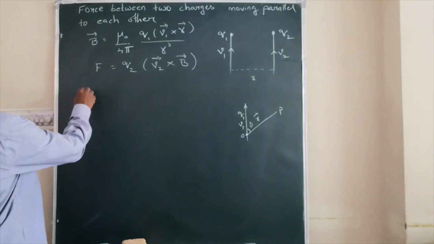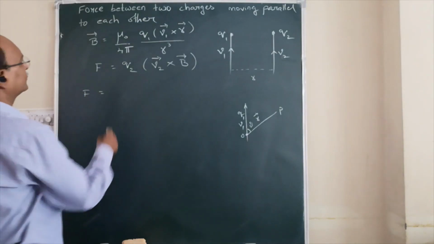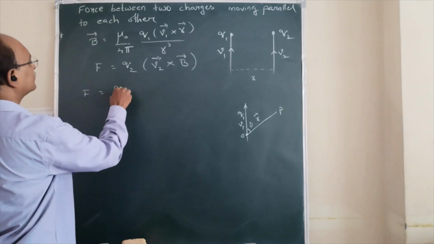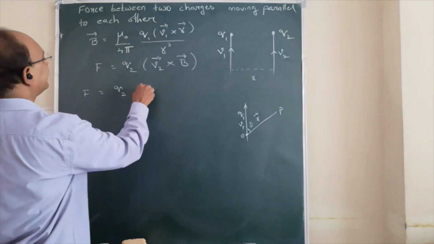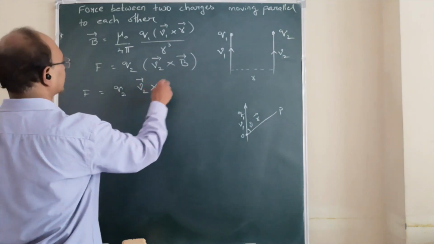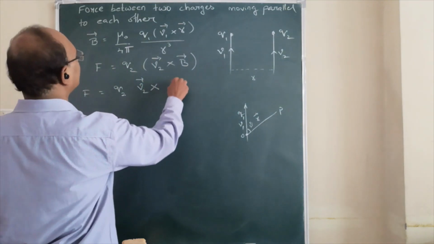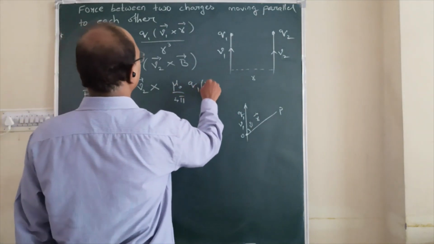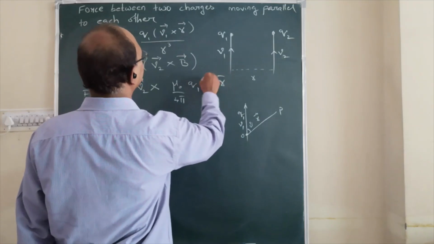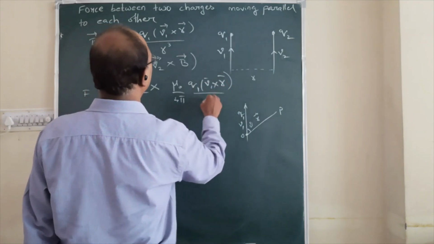So you can write F is equal to Q2 V2 cross B. So V2 cross, here this one, mu naught by 4 pi Q1 into V1 cross R by R cube.